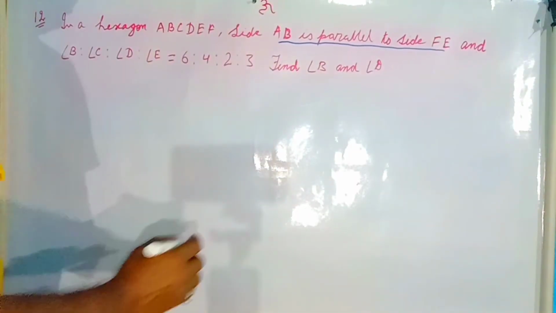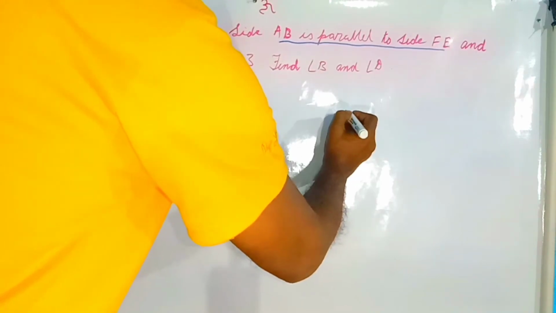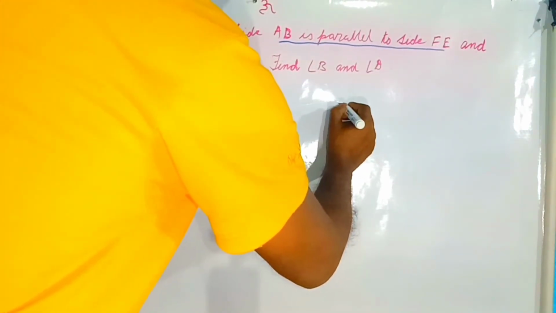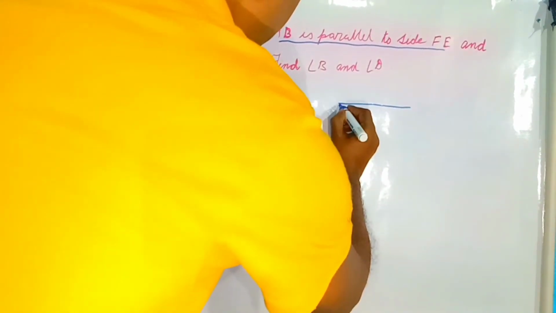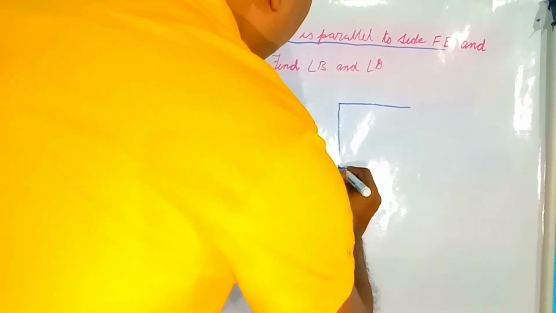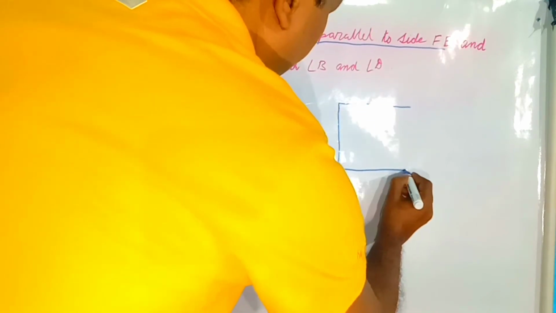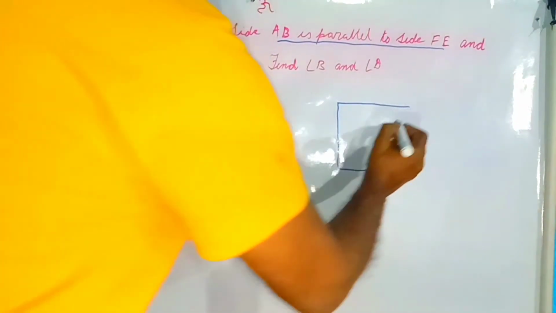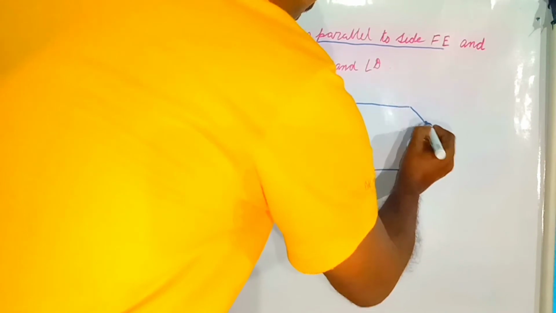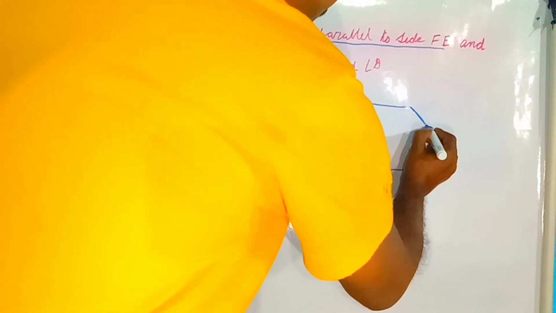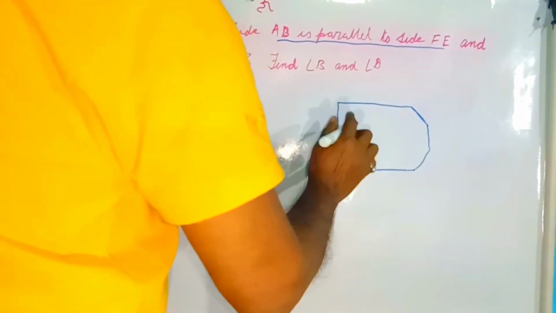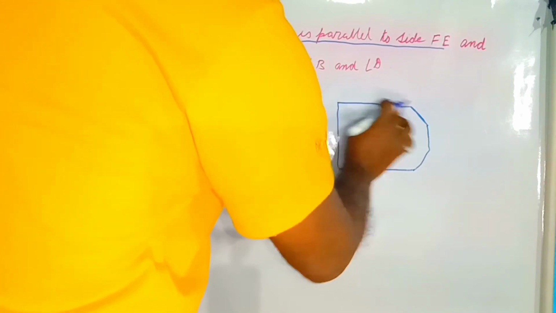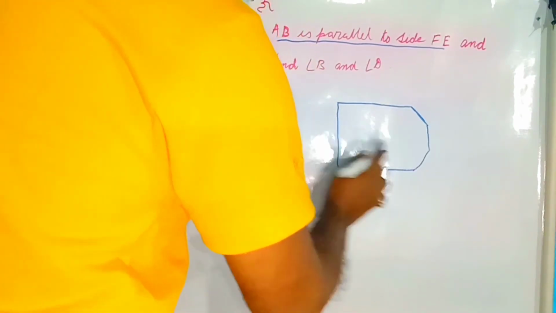So first we draw the diagram of a hexagon like this. Hexagon means six-sided figure: 1, 2, 3, 4, 5 and 6.